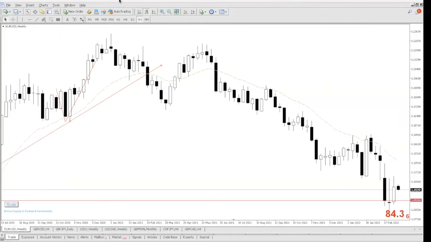Okay, let me turn scrolling off. Now we're going to draw what we call peaks. A peak is something like this. A peak will be like this.